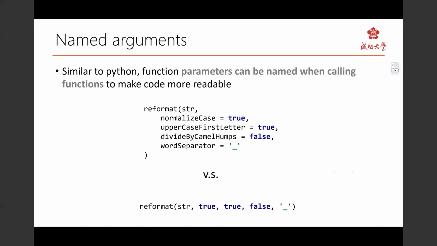So similar to Python, function parameters can be named when calling functions to make code more readable. So if you compare these two function calls, obviously the one on top is much more readable, right?